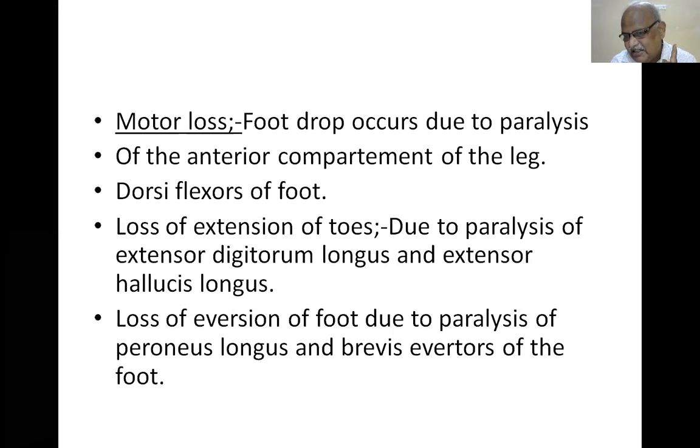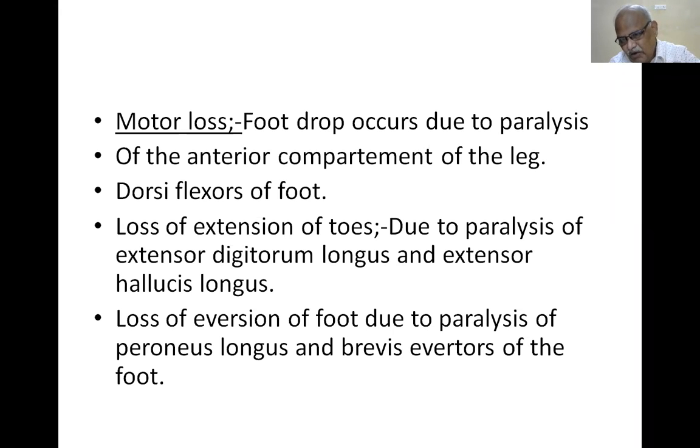The radial nerve supplies extensor digitorum, extensor indicis, extensor pollicis longus, and extensor pollicis brevis. So, extensor muscles of the hand are supplied by the radial nerve, whereas extensor digitorum longus and extensor hallucis longus of the foot and toes are supplied by the common peroneal nerve.